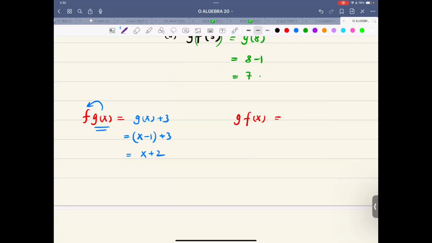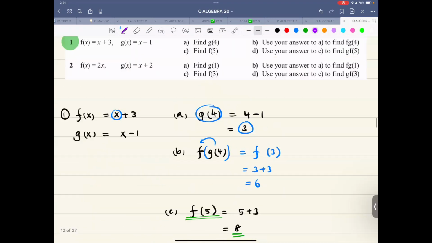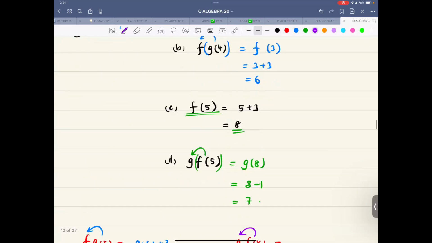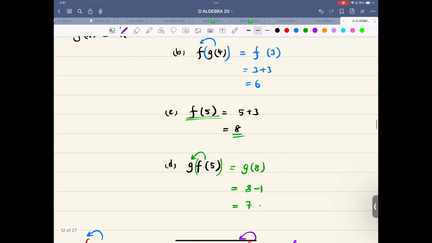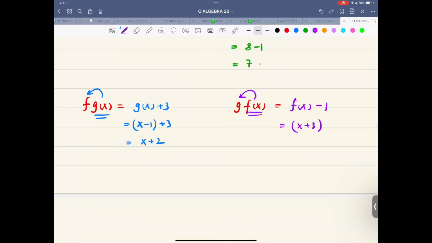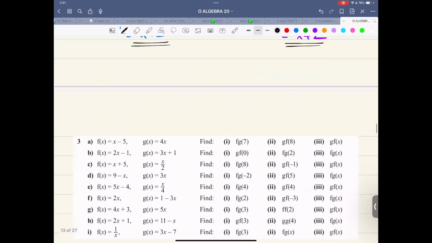And similarly, g(f(x)), that means f(x) inside g. f(x) is x plus 3, g(x) is x minus 1. So this is f(x) minus 1, that is x plus 3 minus 1, which comes out to be x plus 2. So it's a beautiful coincidence that f(g(x)) and g(f(x)) are exactly the same.